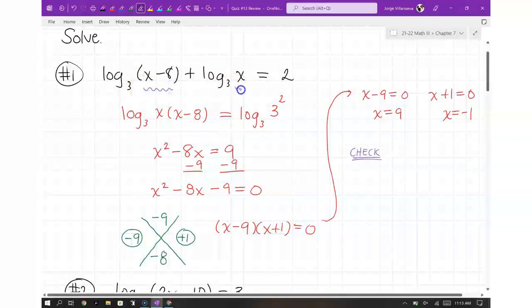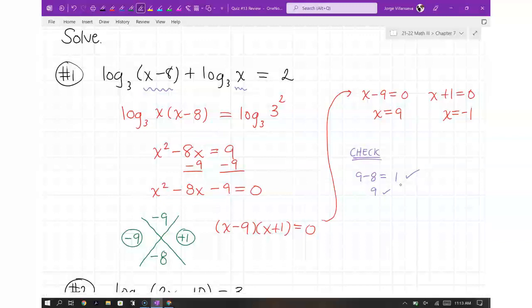This one or that one. All right, so if we plug it into x minus 8, we're going to get 9 minus 8, that's 1. Okay, so I'm plugging in a 9. And for the other one, if I just plug it into x, well, I'm just going to get a 9. Both are positive, right? So that's good. That's good, nothing wrong with that.